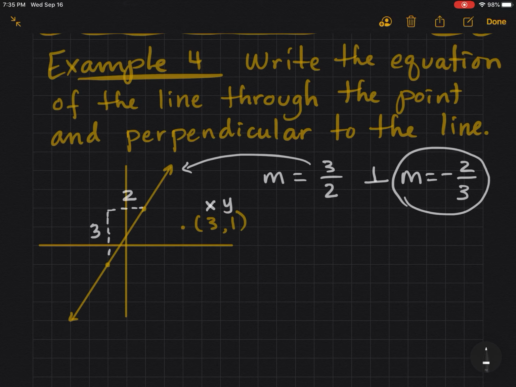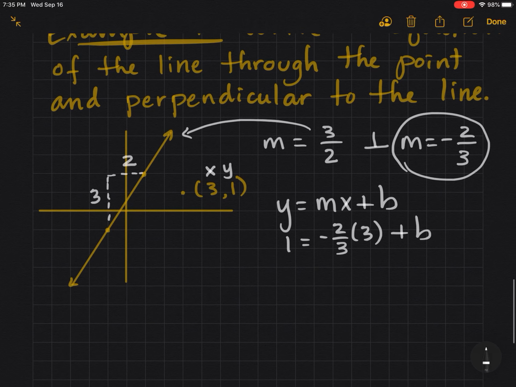So this is the slope that I need to use for my line. And I'm going to use this x and y. So y equals mx plus b. And I can plug all my values in. The slope is -2/3. x is 3. And solve for b. Oh, we got lucky this time.